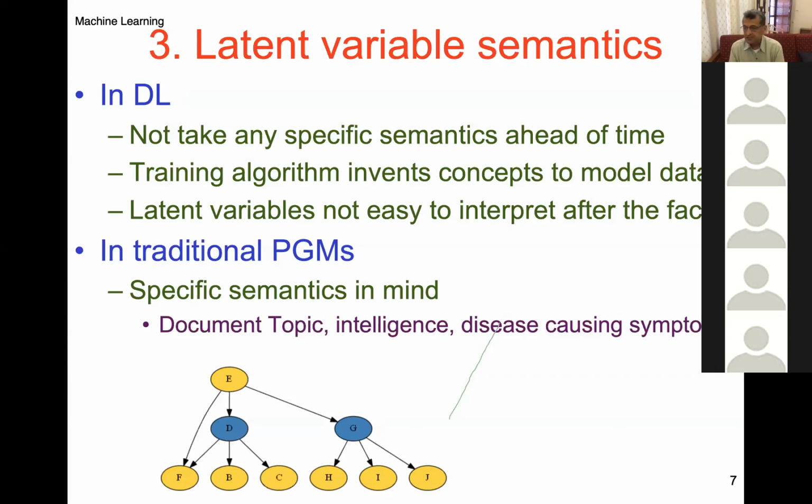Mathematical intelligence influences your performance in mathematics and maybe physics, whereas spatial intelligence might influence your performance in art and geography and things like that. So we define something like that, and latent variables are there, but they're not numerous.